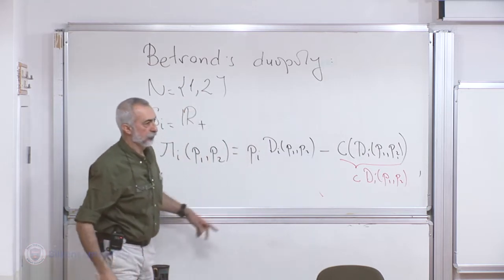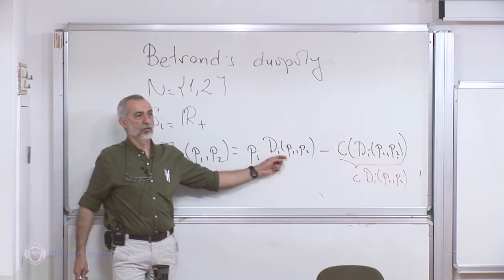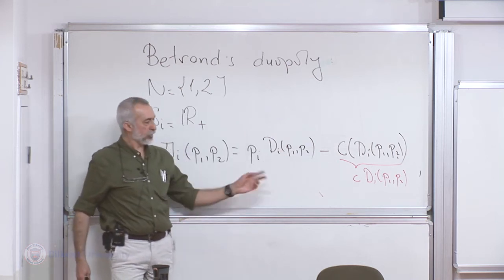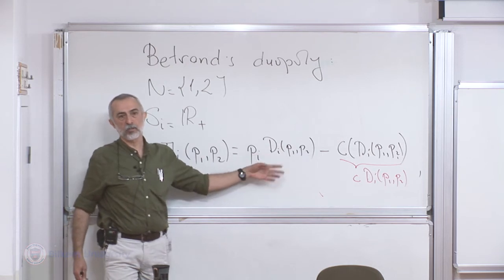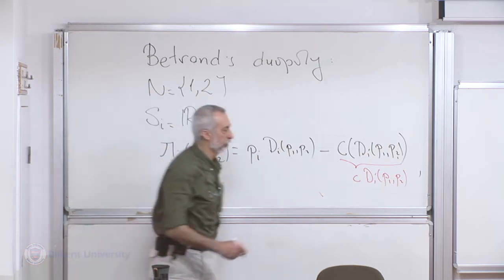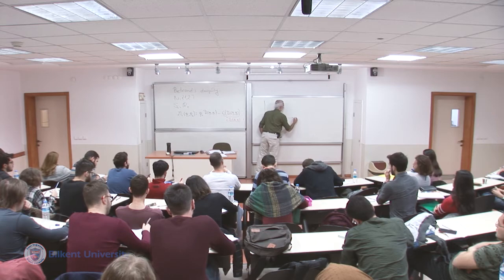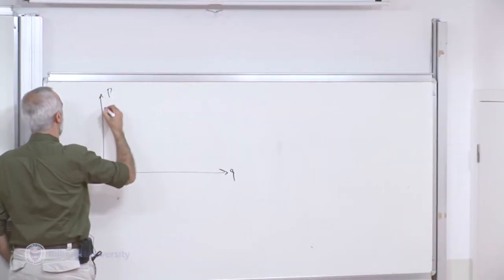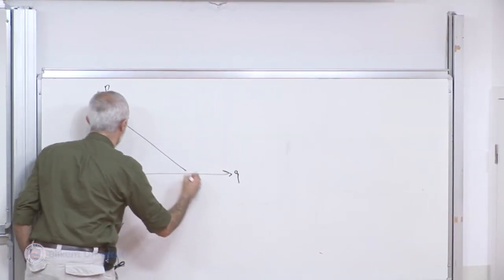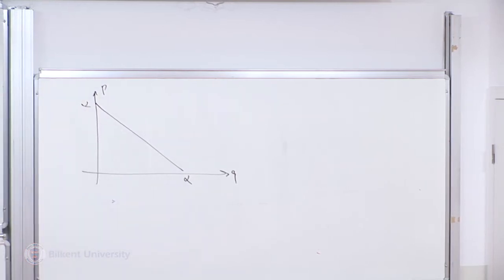And just like Cournot's model, let's assume linear demand. So the market demand is just like before: Q(P) equals alpha minus P.